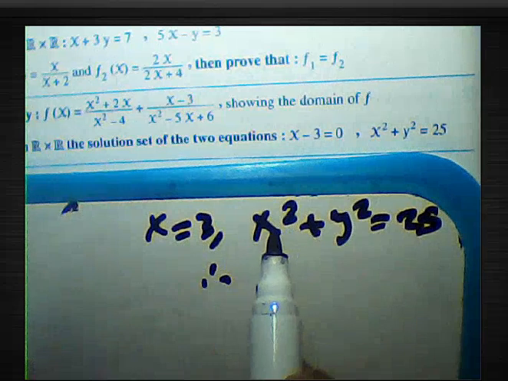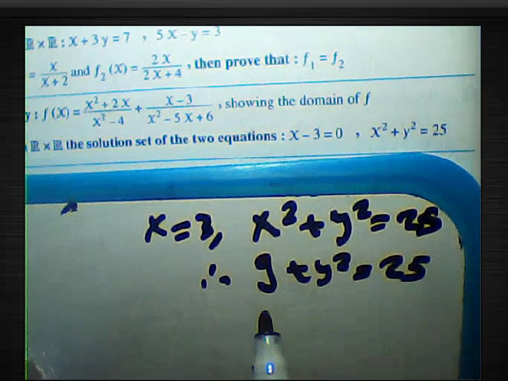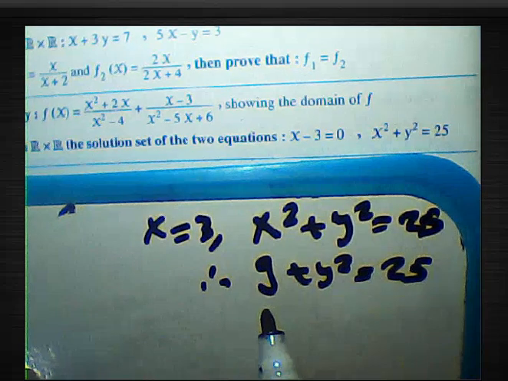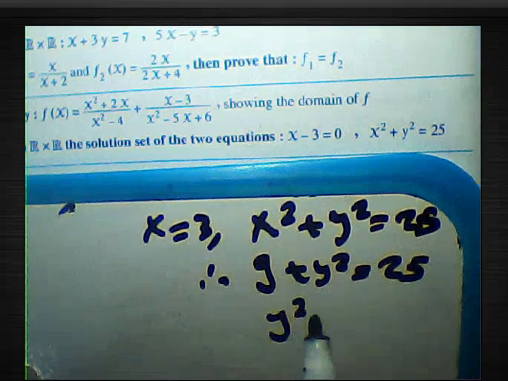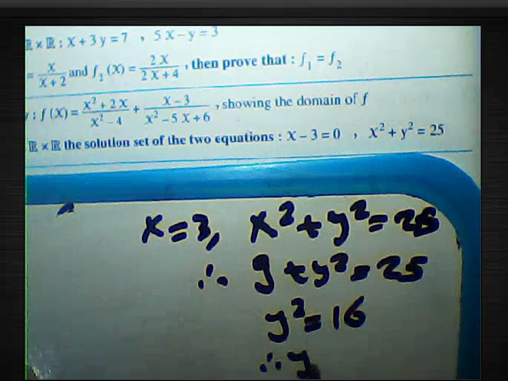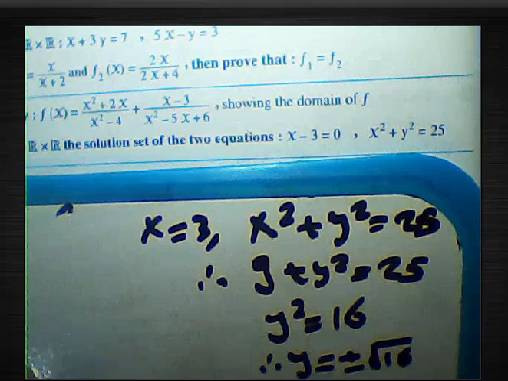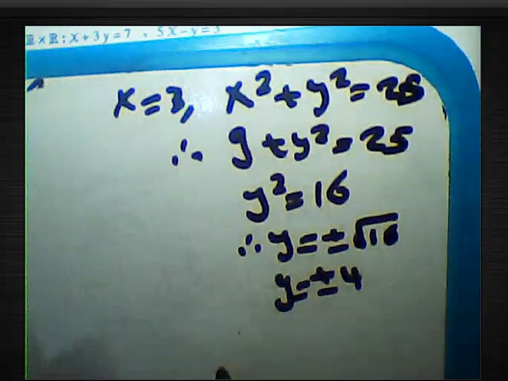Then x power 2 will be 9 plus y power 2 equals 25, and then we can move 9 from the left hand side to the right hand side, y power 2 equals 25 minus 9 equals 16, and then y equals positive or negative square root of 16, positive or negative 4.